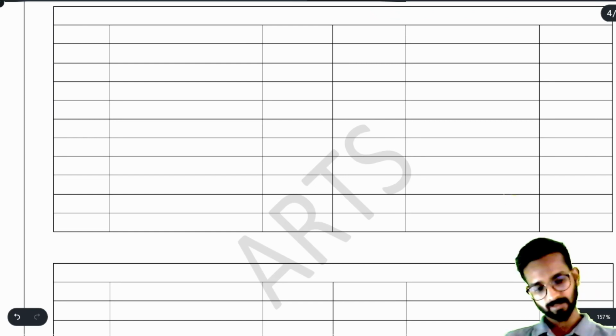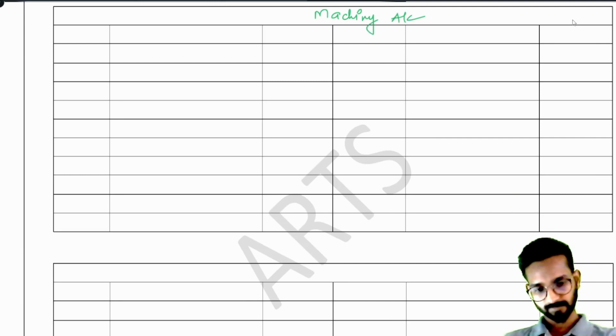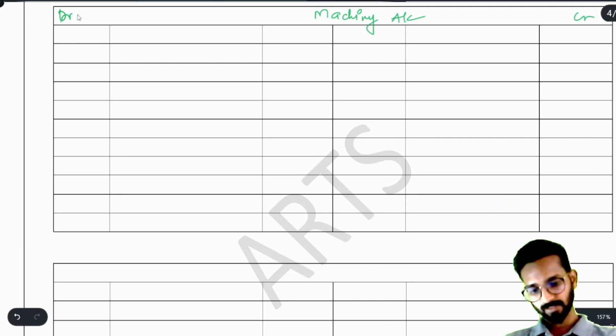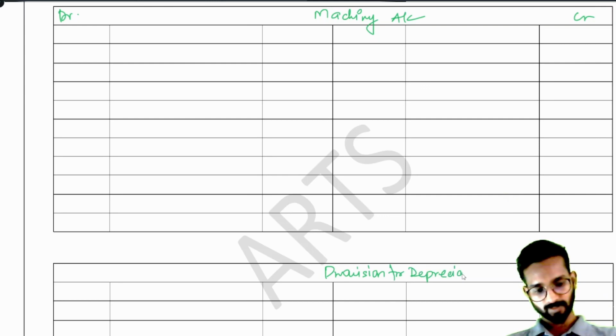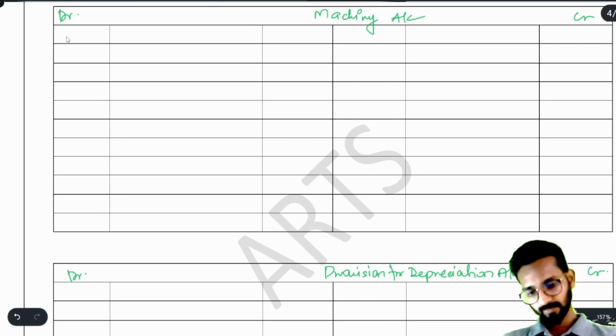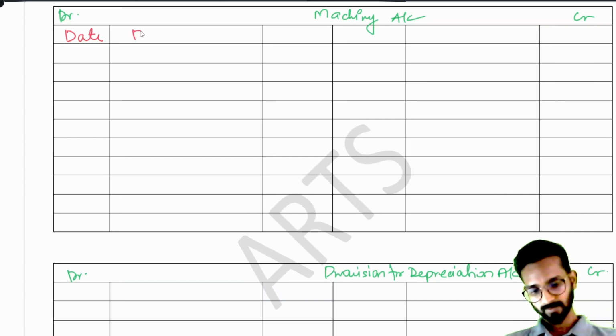First I will prepare here machinery account, debit, and here we will prepare provision for depreciation account. You will write a date, particulars, amount.